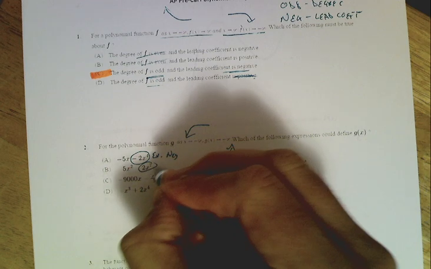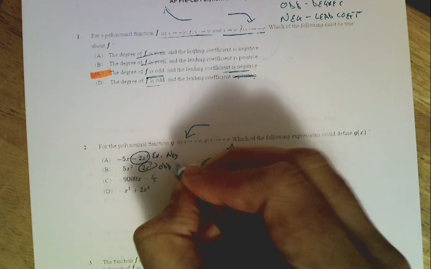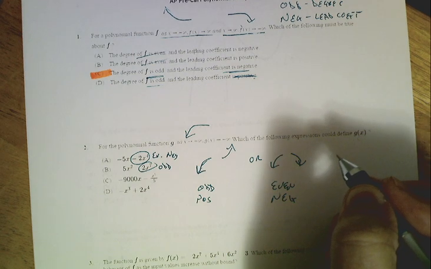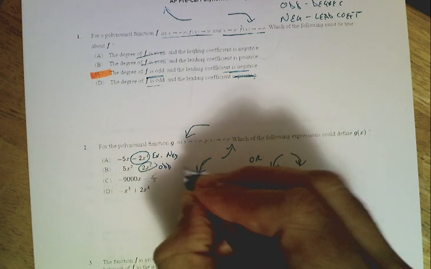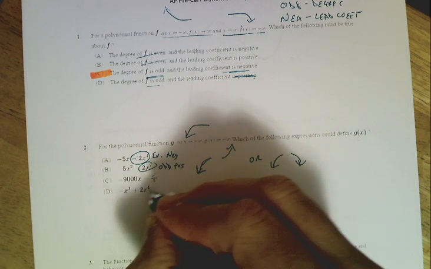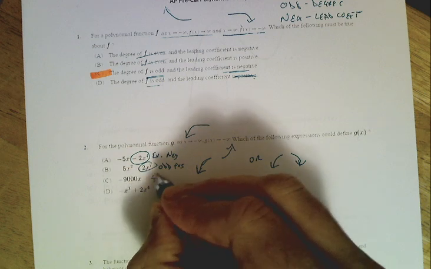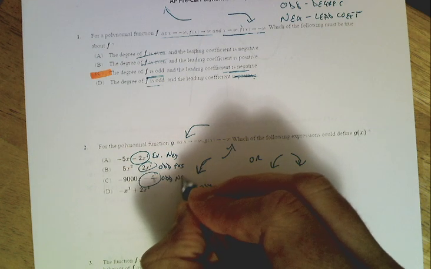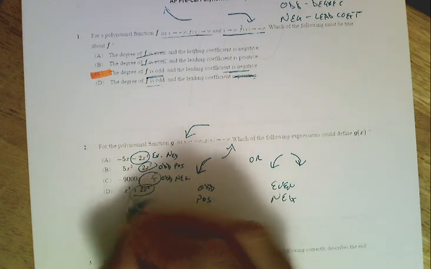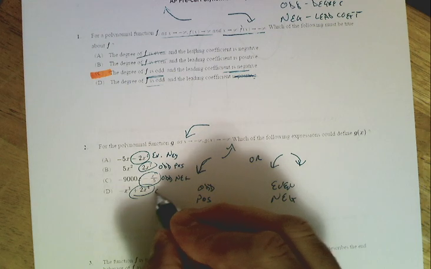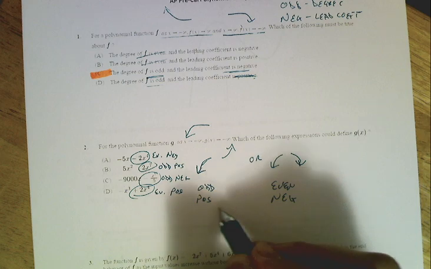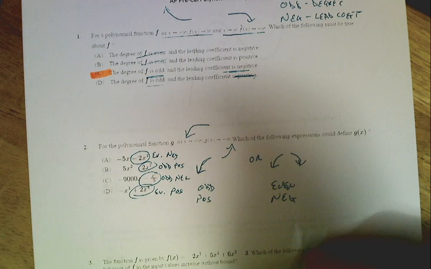This one is odd and positive. Well, I can't say, it's kind of faint. Looks maybe odd and positive, I hope. This one is x to the fifth. That's going to be odd and negative. And this one is 2x to the fourth. That is even and positive. So the only one that is odd positive is B.